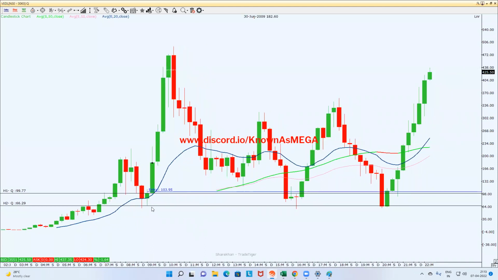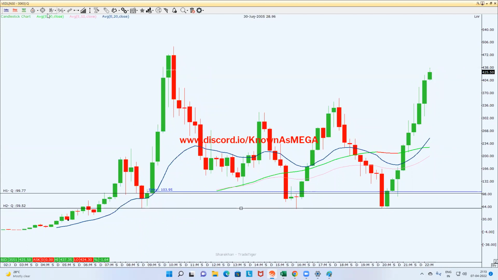So, normal marking you have marked here. You got stop loss. You are thrown out of the trade. But in exceptional marking, you mark here. Your stop loss will be here. You are saved.